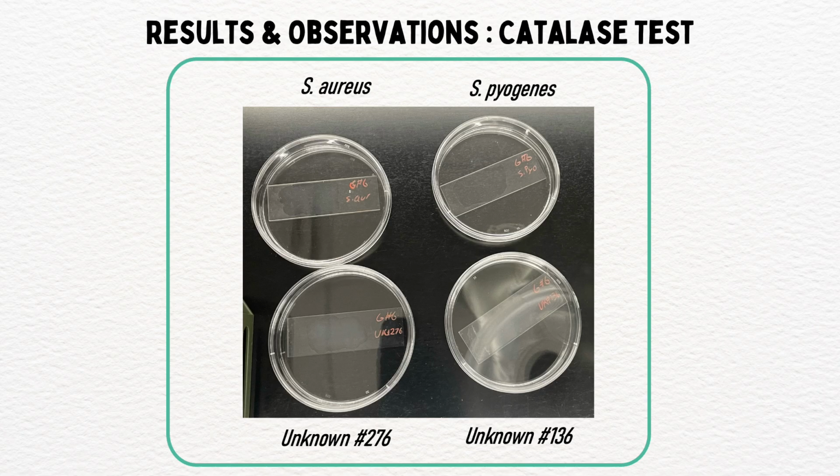Now lastly, for unknown 136, we saw that there were no visible bubbles after hydrogen peroxide addition, meaning that it was a negative result, indicating that it was a catalase negative organism and possibly a Streptococcus species.